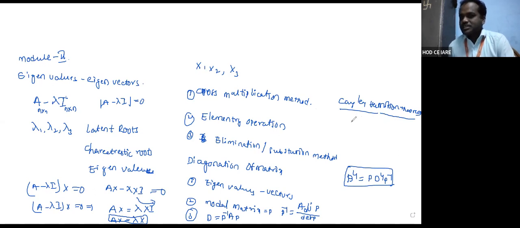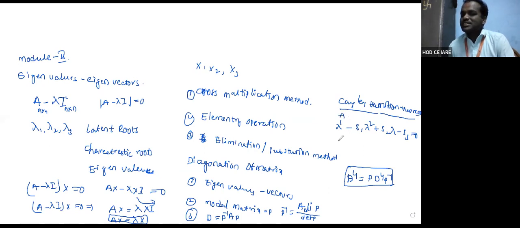So here, for verification of the Cayley-Hamilton theorem, for example, you can get lambda cube minus S1 lambda square plus S2 lambda minus S3 is equal to 0. This is the characteristic equation of the given matrix.